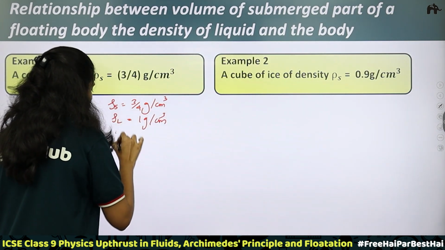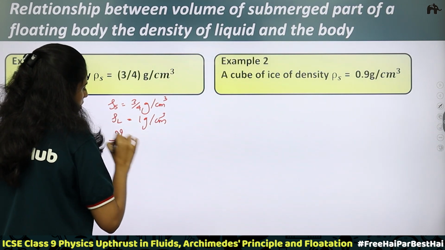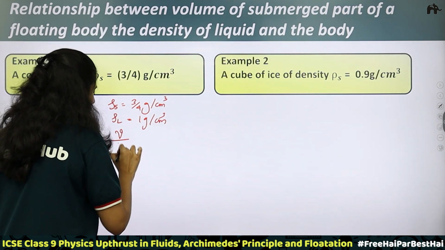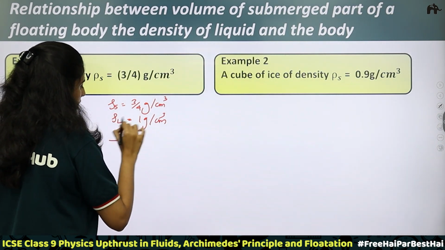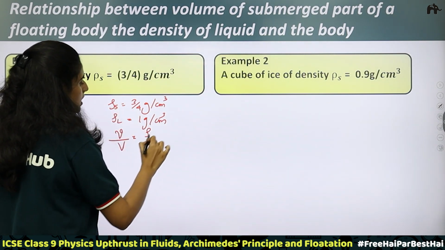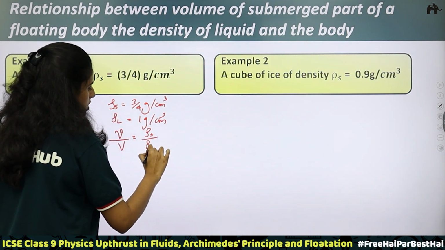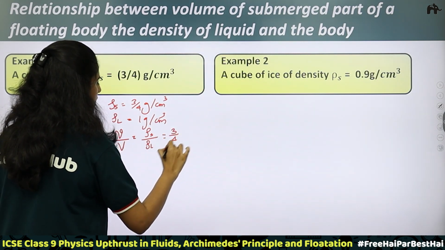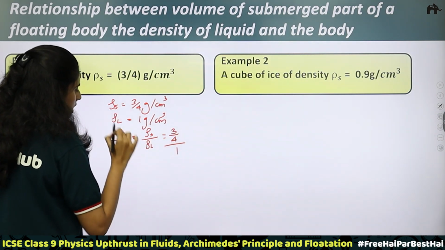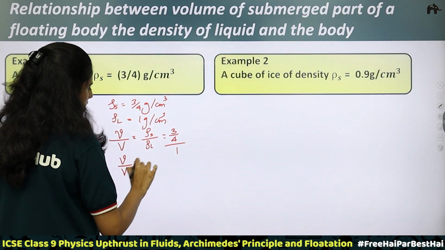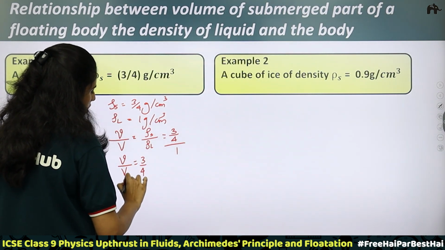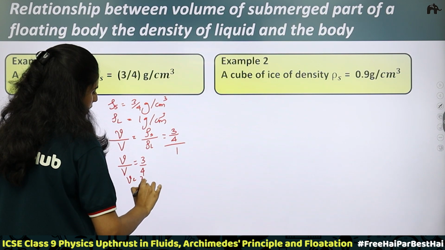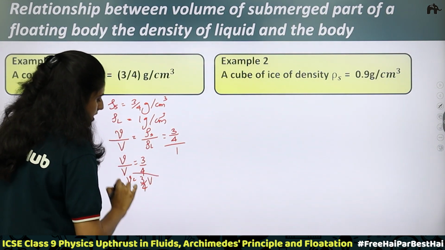So, the volume of immersed portion of the body divided by the total volume of the body is equal to density of the solid divided by density of liquid, which is equal to 3 by 4 divided by 1. So, v by V is equal to 3 by 4 or small v is equal to 3 by 4 times capital V.